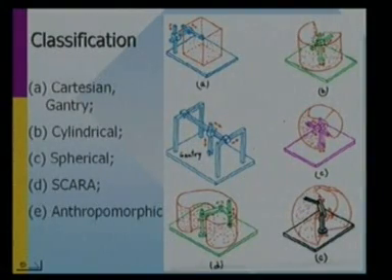Then we have a cylindrical robot, whose end effector endpoint moves on the surface of a cylinder. Then the spherical robot moves around a sphere. Then the SCARA type of robot looks very similar to the cylindrical robot. Then the anthropomorphic arm, which is like our human arm.